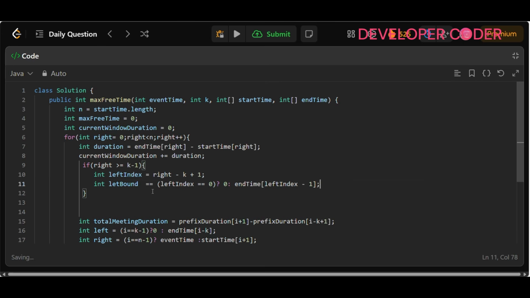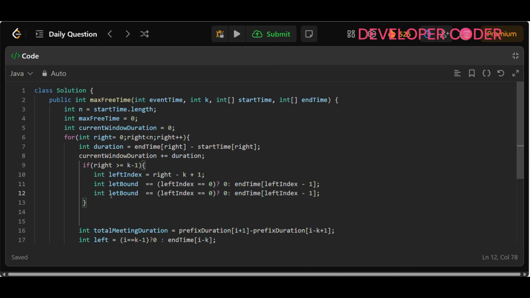And in the same way for the right bound, what you need to do is copy this. So this is for the left bound, and let's say this is for the right bound. Right bound is equal to: if your right index is equal to n minus 1, then you just take the event time, just like the previous logic.